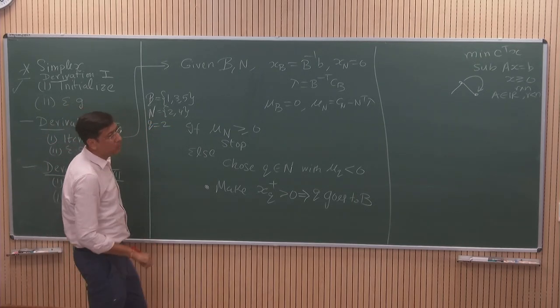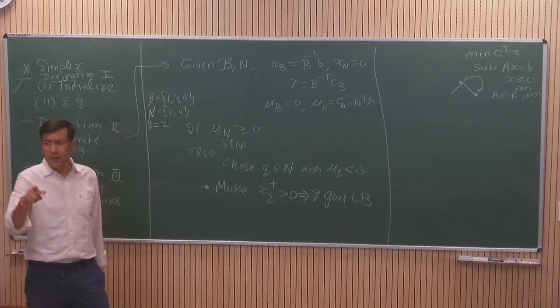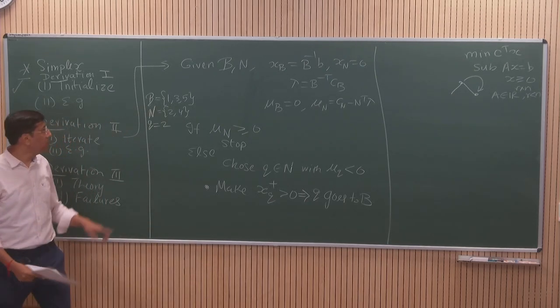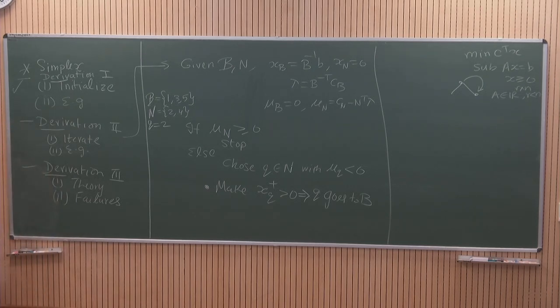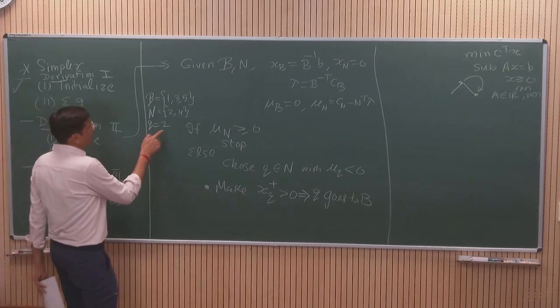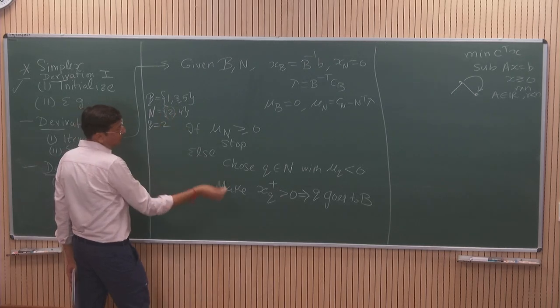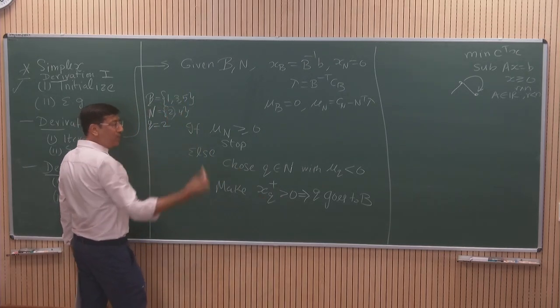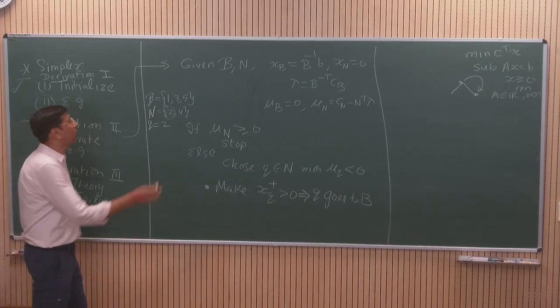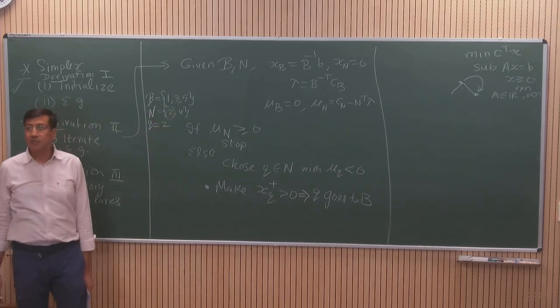The mu 2 turned out to be negative. In the problem which we did, both mu 2 and mu 4 were negative, I think, so you can pick any one. You pick mu 2. Now you're saying that once we make x q plus greater than 0, we'll have to move it to the B set. So once we move it into the B set, how many indices does B contain?